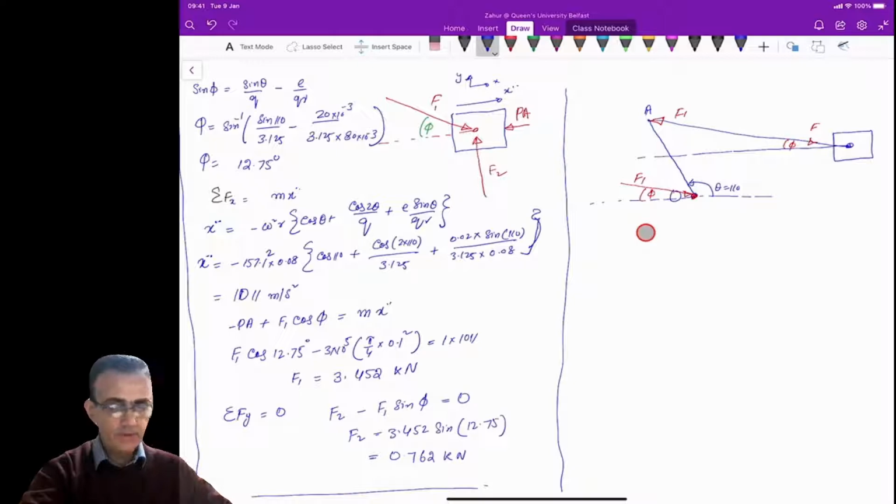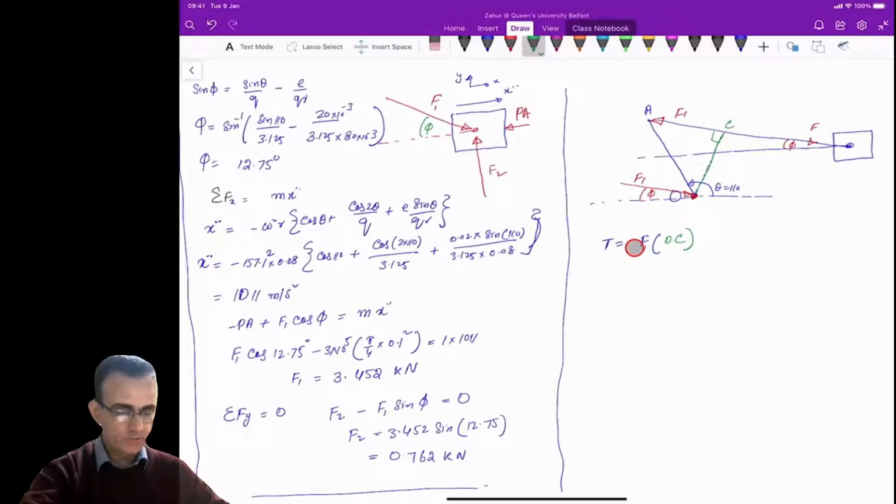Now we need to calculate this torque here. So we know that torque is force, which is F1, times the perpendicular distance. So if we draw a perpendicular from here, this is the perpendicular on this line here. If you call this point, for example, C, then OC is the perpendicular distance that we need to calculate here.